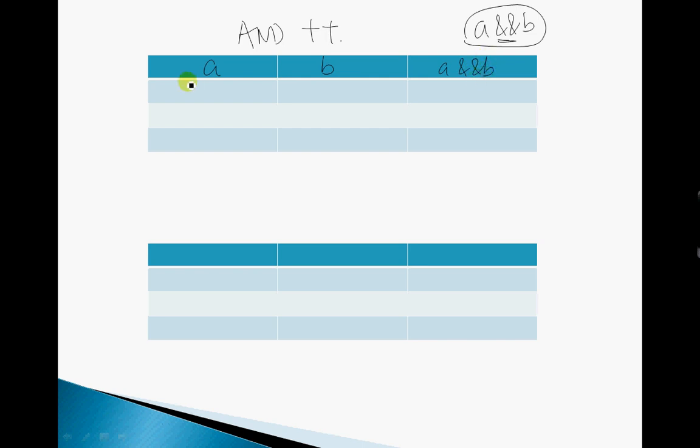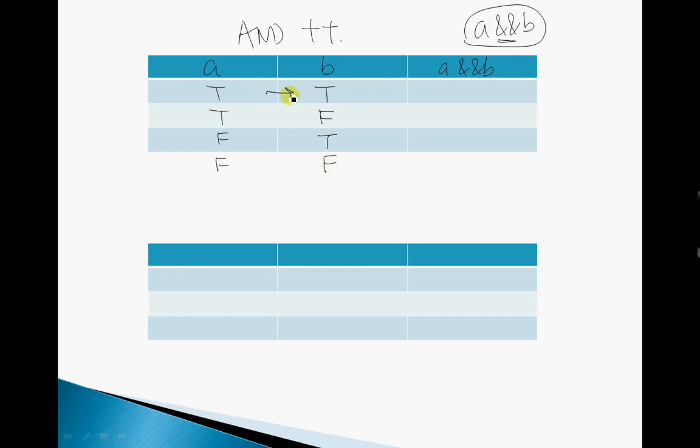So the truth table, by the way, I have one row missing here, but it doesn't matter. There are only four possible combinations of A and B: true, true; true, false; false, true; and false, false. Because there are only two variables, there are only four possible combinations.